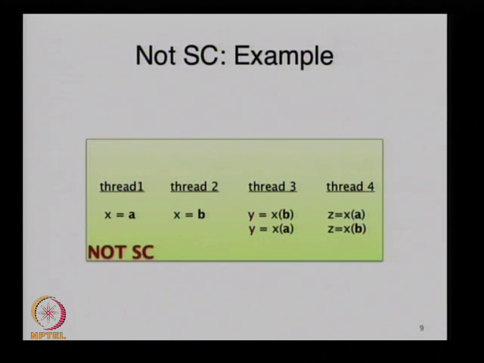Okay. And the bracket shows what the value it got when it read. Thread 3 read B the first time and A the second time. Thread 4 read A the first time but B the second time. Because maybe thread 4 was closer to B, closer to the second write or whatever.